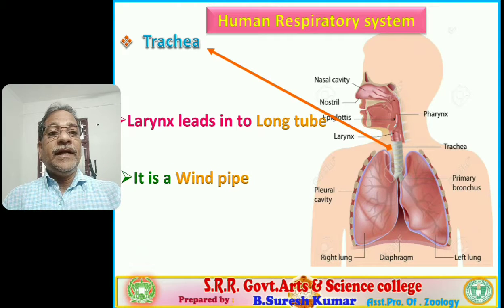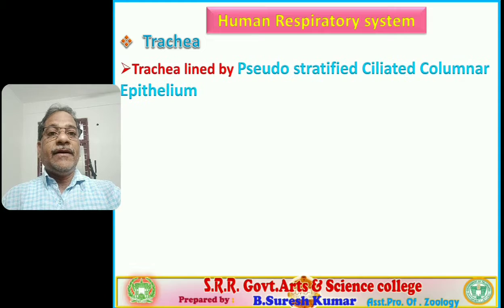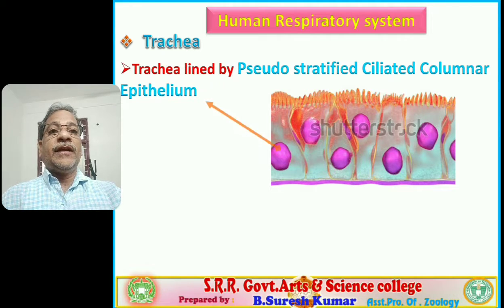It is a windpipe, meaning it remains as an open pipe, and the trachea is lined by a specialized epithelium, that is pseudostratified ciliated columnar epithelium. Remember, asked in entrance examination, trachea is lined by pseudostratified ciliated columnar epithelium.